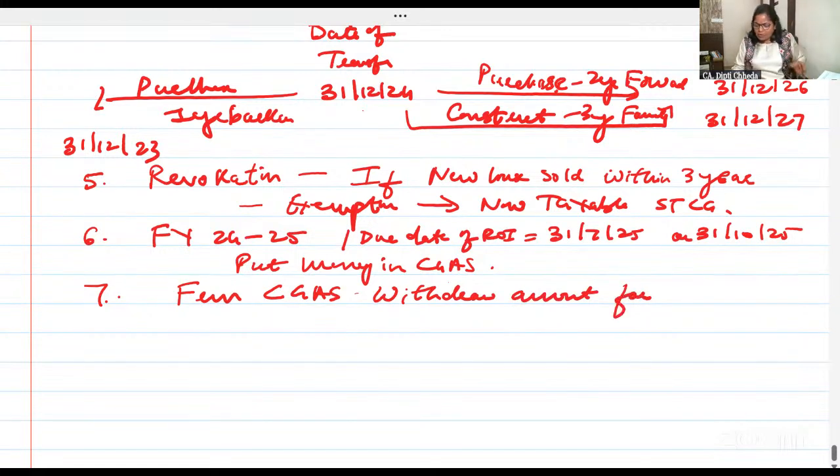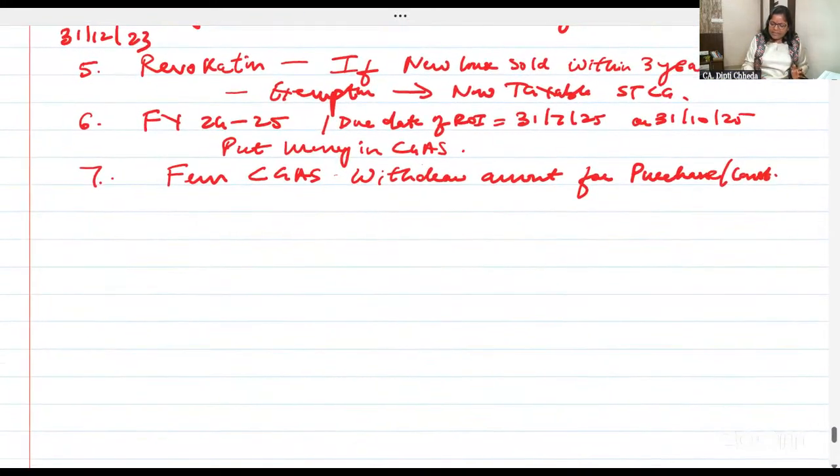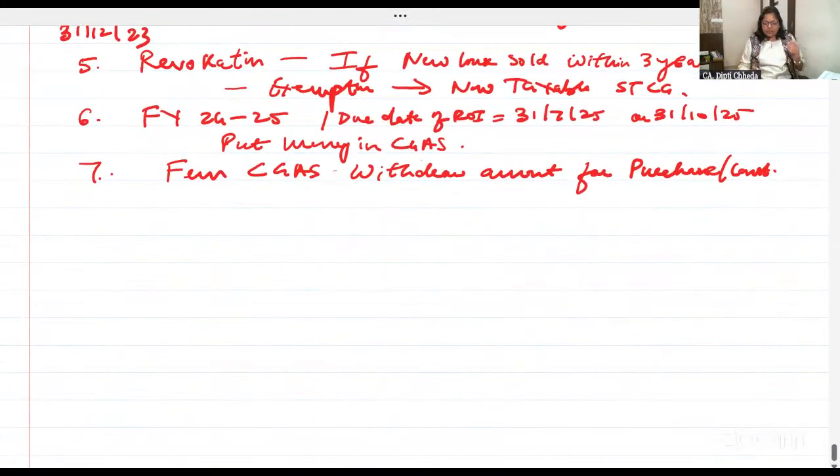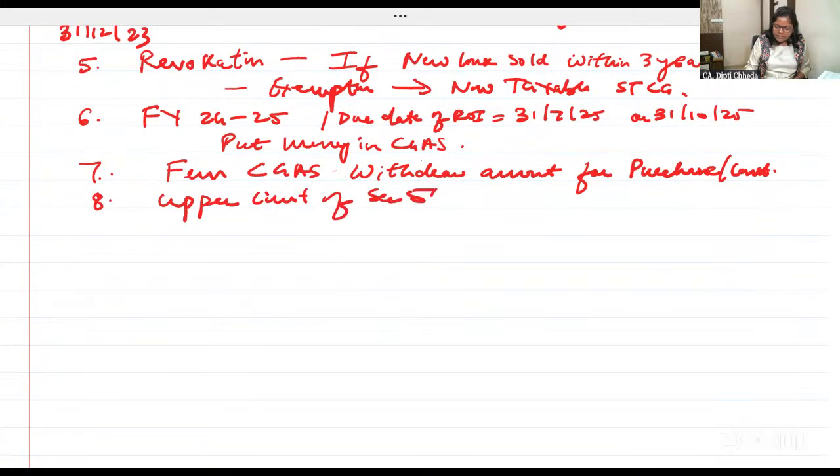You will withdraw the amount for purchase or construction. जैसे भी है, या purchase के लिए या construction के लिए use करो. Right. Upper limit of section 54F में भी, you buy the houses up to 10 crore.